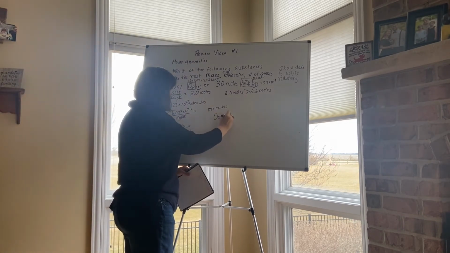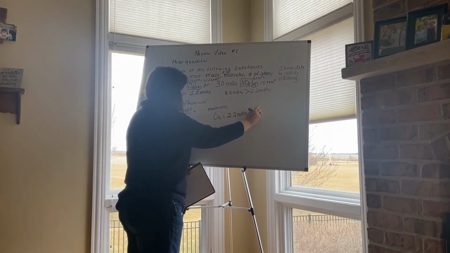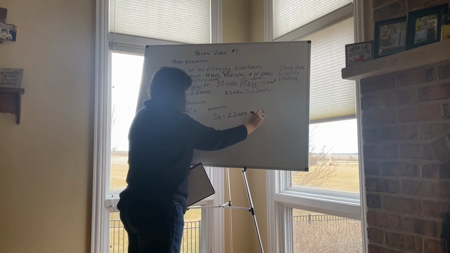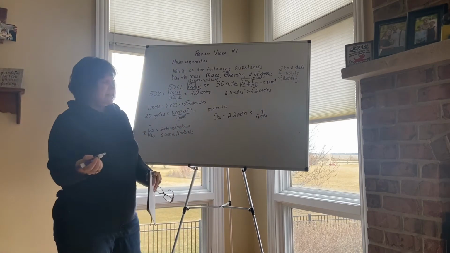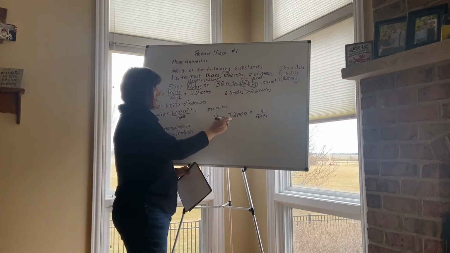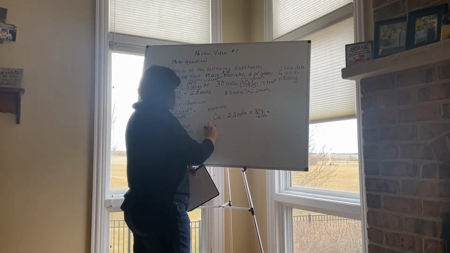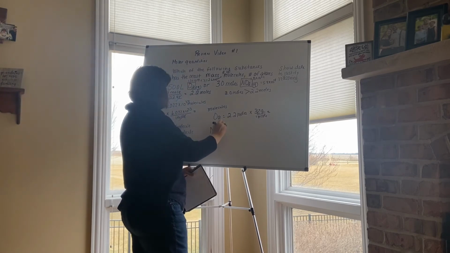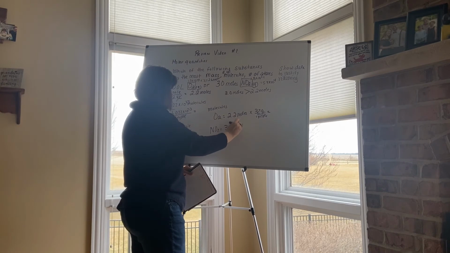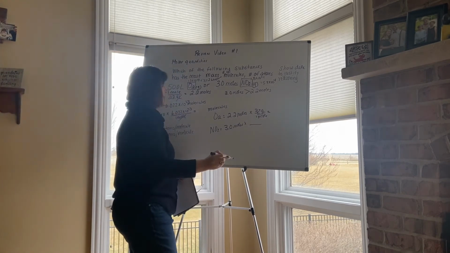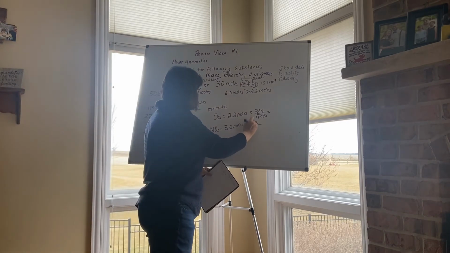Now in this situation, you have 2.2 moles. Again, we're converting to grams, so grams goes on top, moles goes on the bottom, and moles always gets the 1. From the periodic table, the molar mass of oxygen is 16, so O2 would be 32. Doing the same thing for NO2, 14 plus 32 is 46 grams per mole.